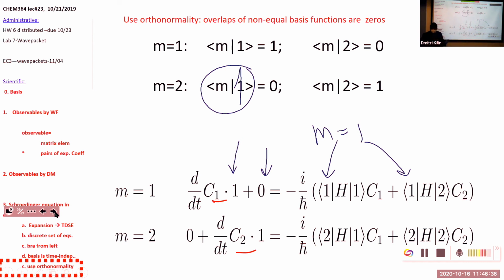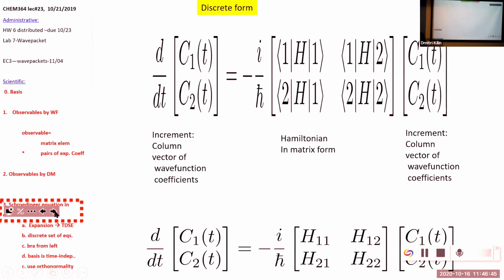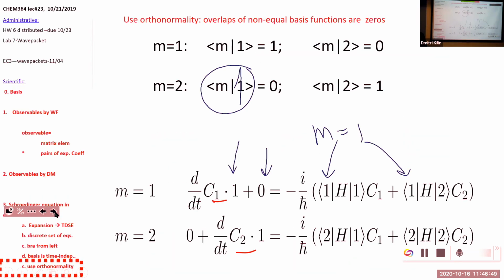So this one is, again, our equation that we are looking for. I'm just going to rewrite it once again. So these two equations for two elements can be summarized in a matrix form, right?